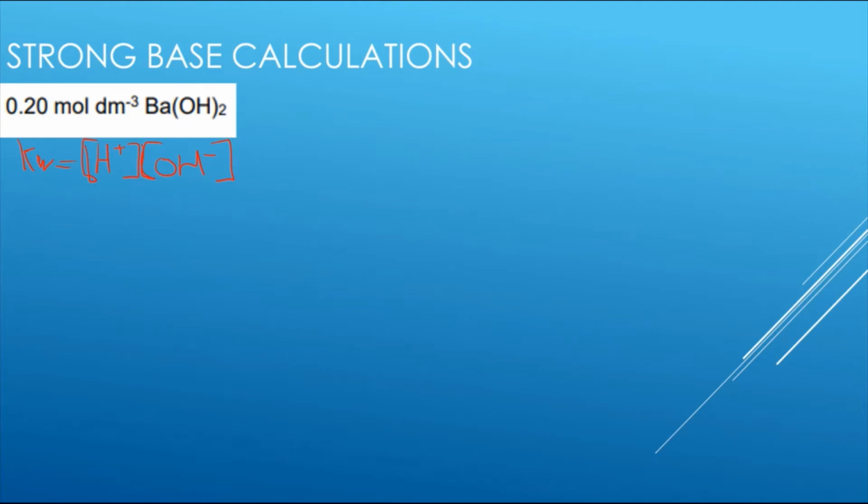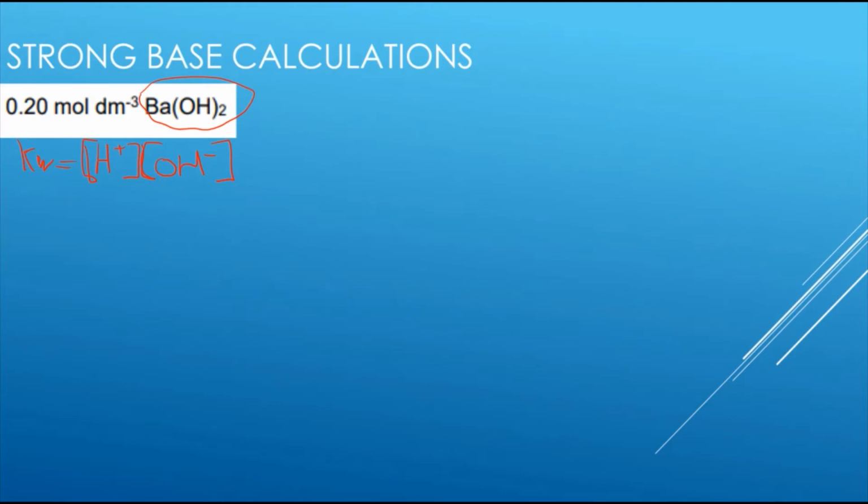And for the OH minus, we've been given that the concentration of barium hydroxide is 0.20. For every mole of barium hydroxide we will have twice the number of moles of OH minus, because it's Ba(OH)2.